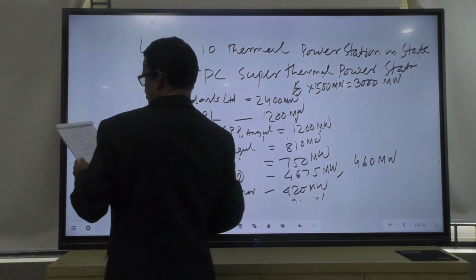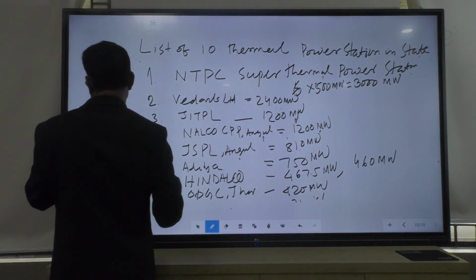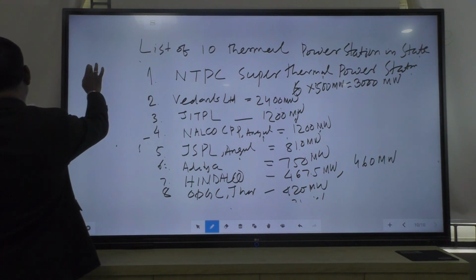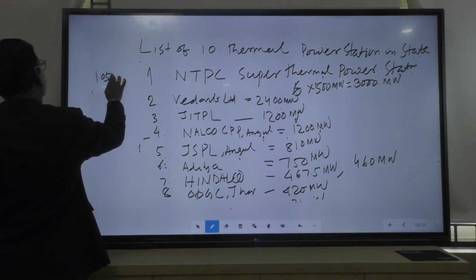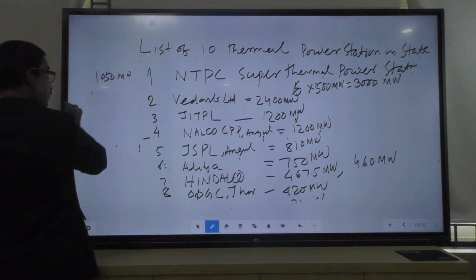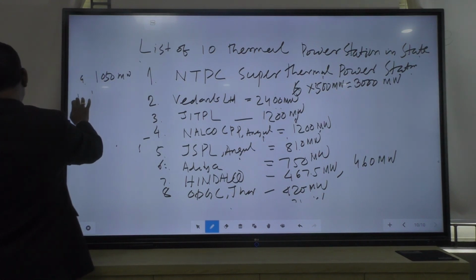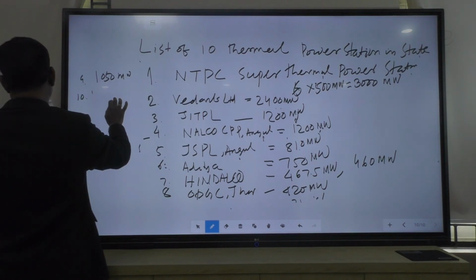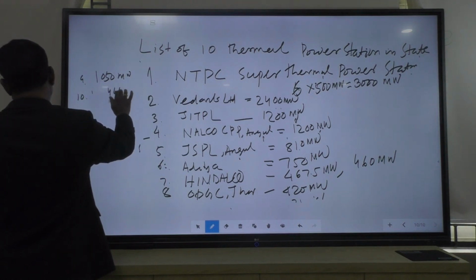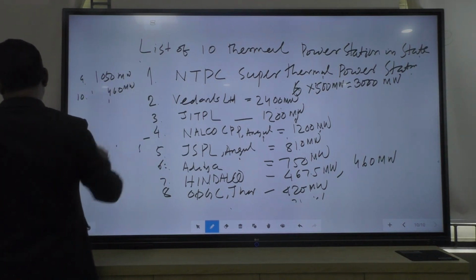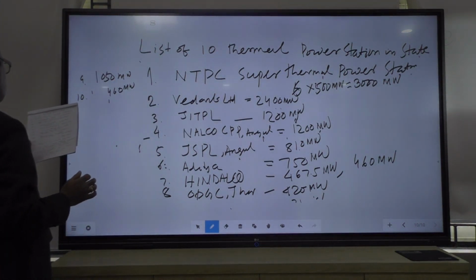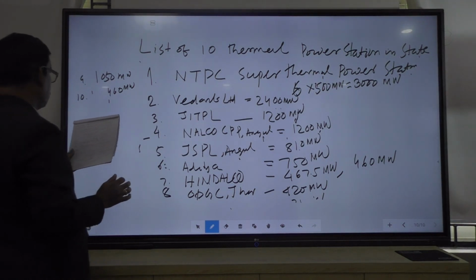Another two are in Kamalanga, where one is producing 105 megawatt and another is producing 460 megawatt, in the Kamalanga area of the state.